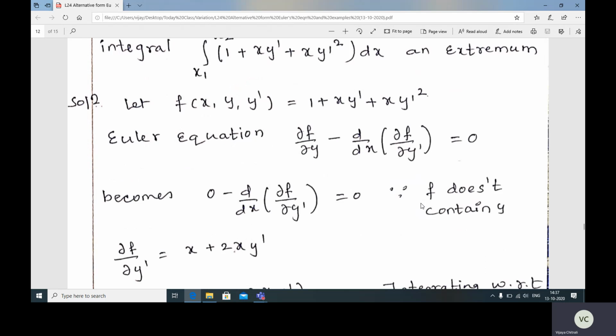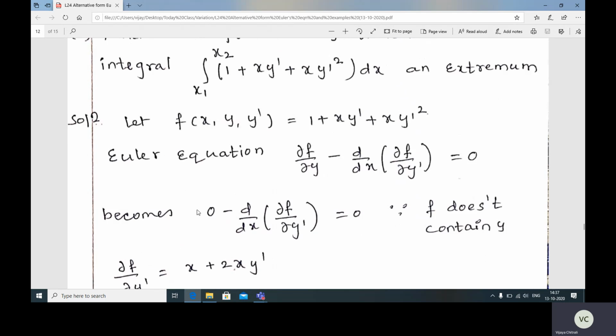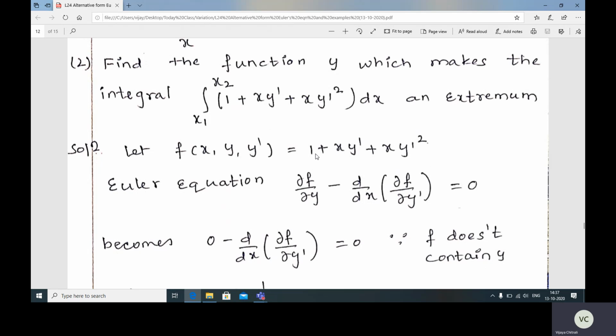So differentiate partially with respect to y dash. Differentiation of constant 1 is 0. The y dash with respect to y dash is 1 and x is constant. As it is x y dash raised to 2, differentiation with respect to y dash is 2y dash.